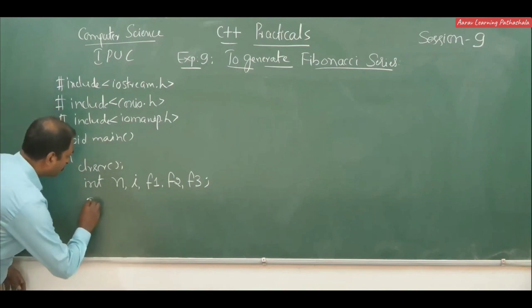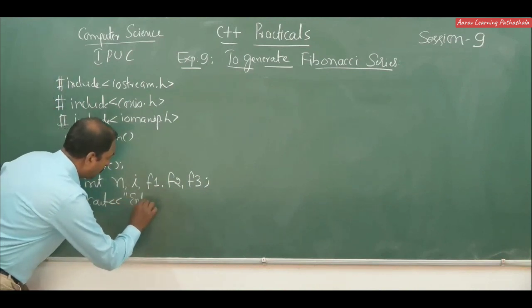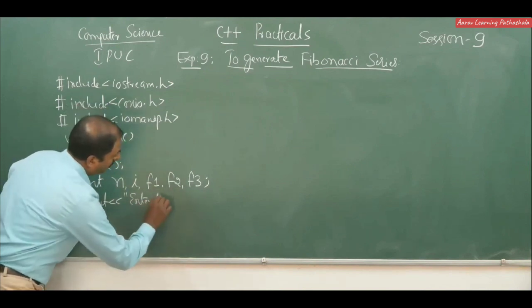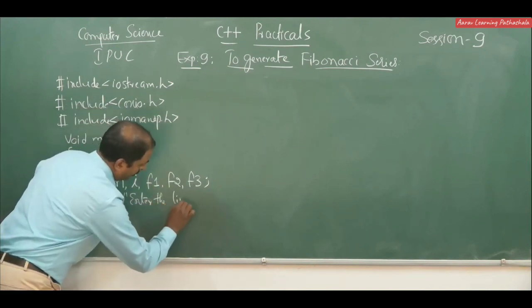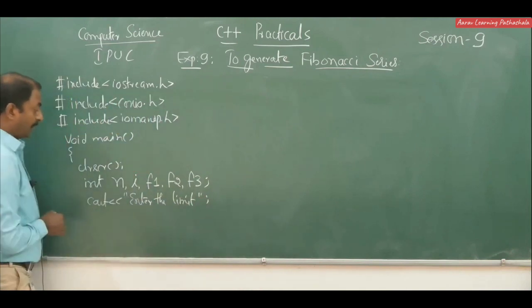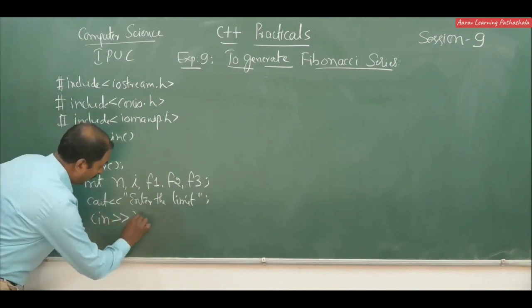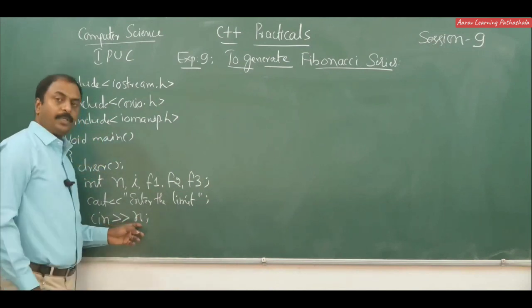So here cout, enter the limit, semicolon. Next we make use of the input statement cin n. This is to accept the limit.